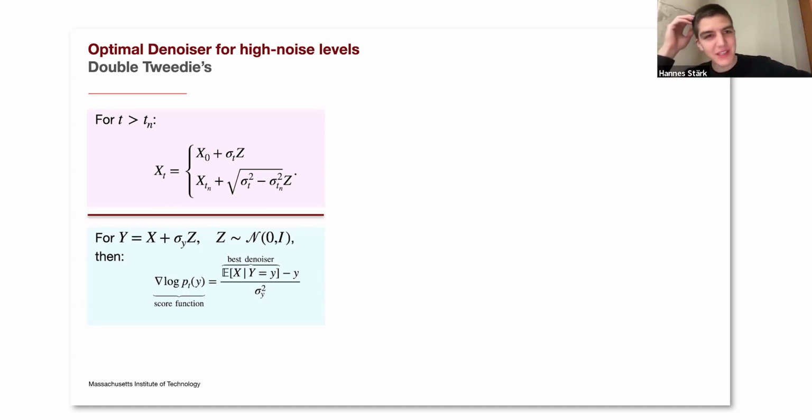Yeah, so this Tweedie thing, doesn't it just say if we have a point, now we drop a Gaussian around it. So we have this Gaussian thingy.